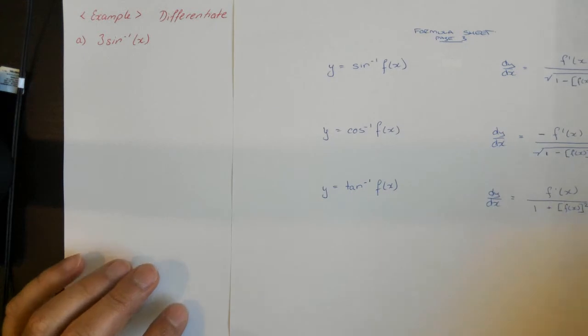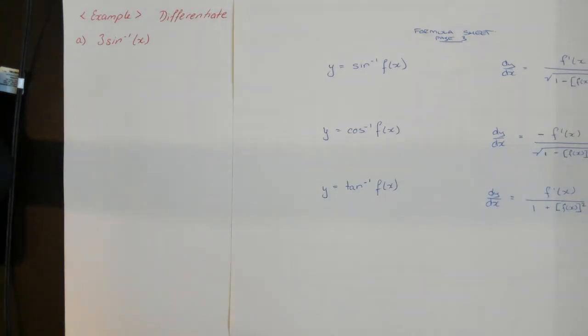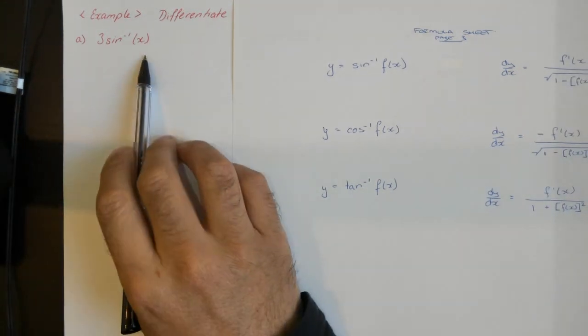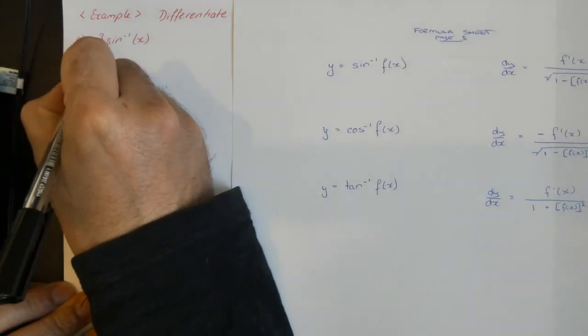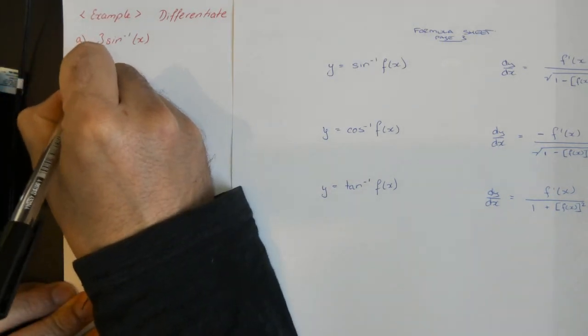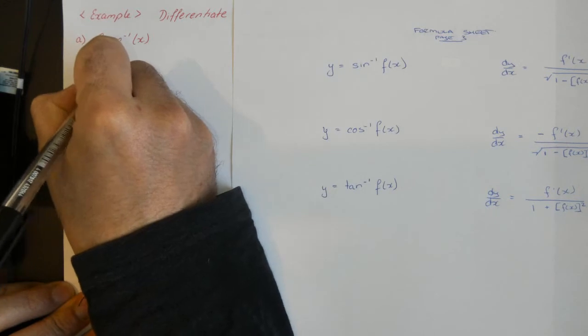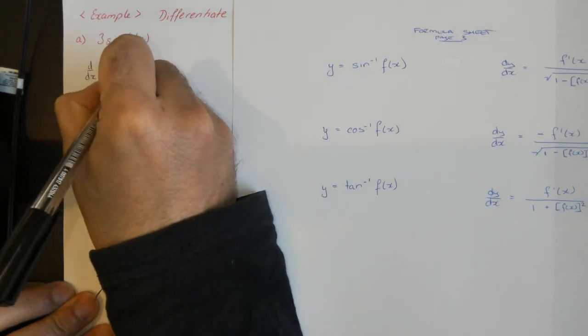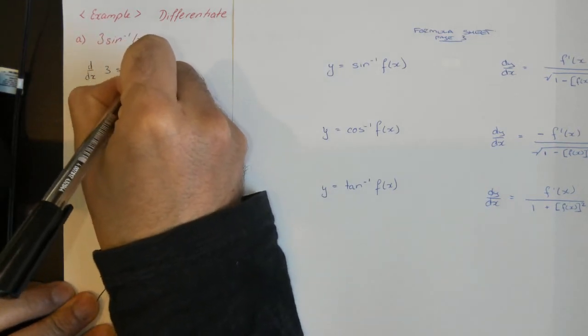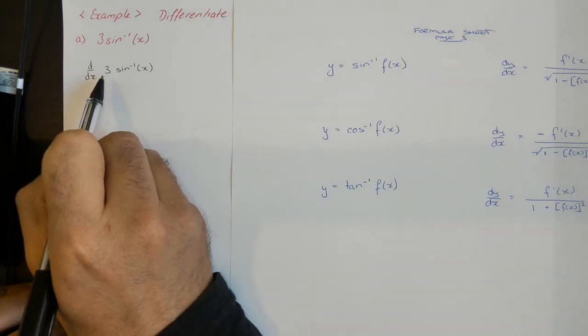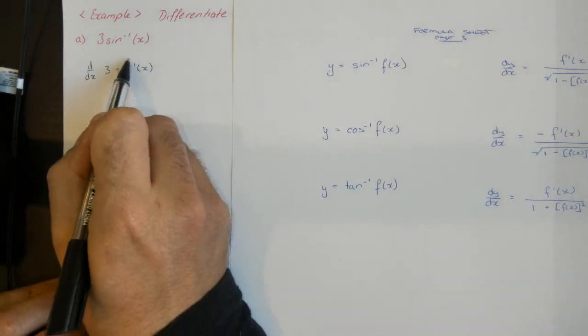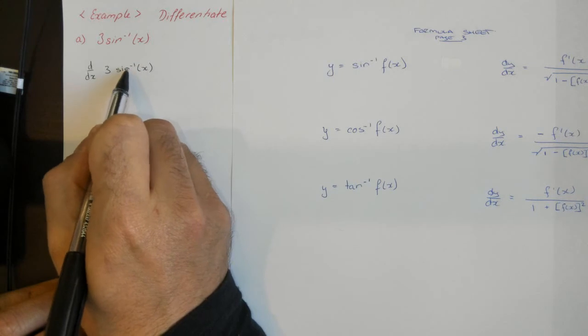If I want to differentiate 3 arc sine x, I'm just going to multiply that 3 with the derivative of arc sine.